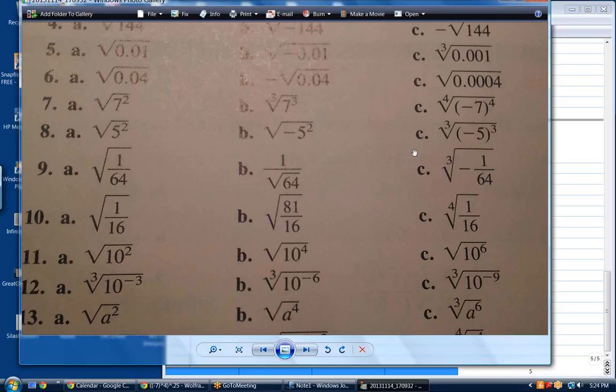Would that be 1/4 or -1/4? -1/4. In other words, you can take the cube roots of negative numbers and get negative answers.